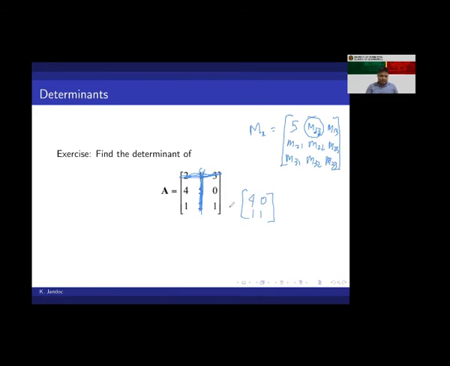Getting the determinant of this matrix is simply 4 times 1, the product of this diagonal, minus 1 times 0, the product of this off diagonal. So here we have 4 minus 0, which is equal to 4. Okay, this is a little bit tedious, but we have to do this very carefully. Okay, good.